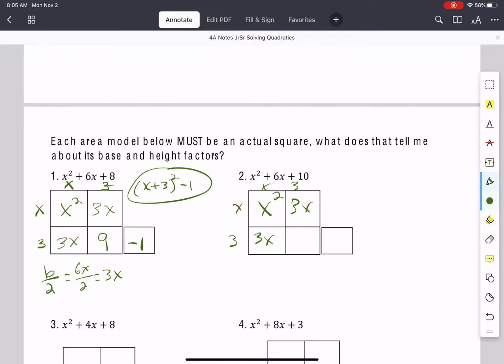So what's my bottom right box? And how do I make 9 become 10? You got it. So my vertex form is x plus 3 squared plus 1. Okay, let's try another one.